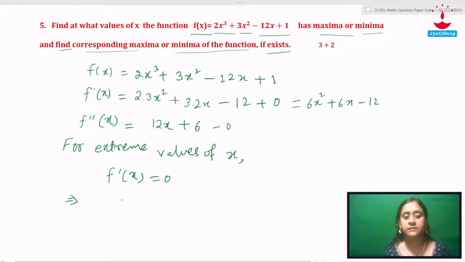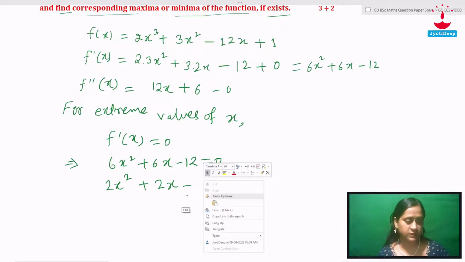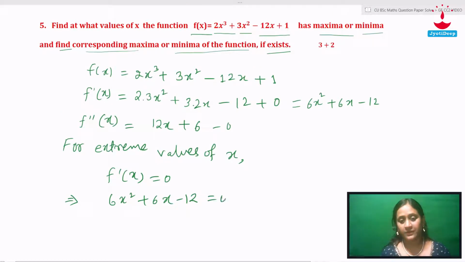কি ইমপ্লাই করবে দেখো, এটা হয়ে যাবে 6x square plus 6x minus 12 equal to 0. That means এটা হয়ে যাচ্ছে 2x square plus 2x minus... not this, it will be x square plus x minus 2 is equals to 0.